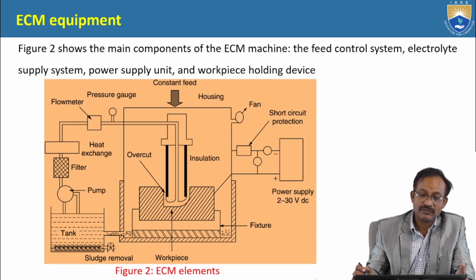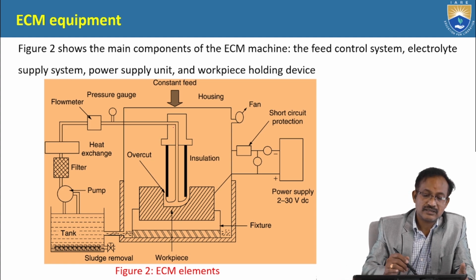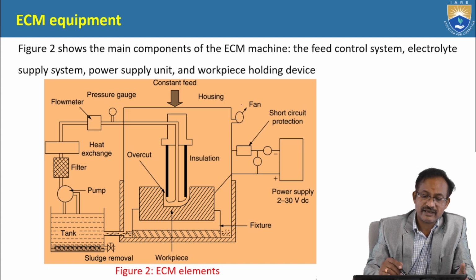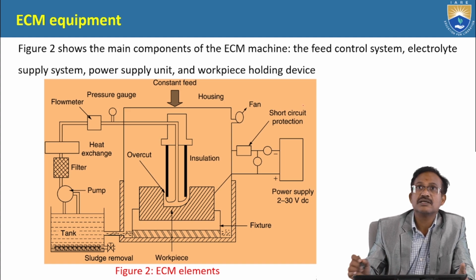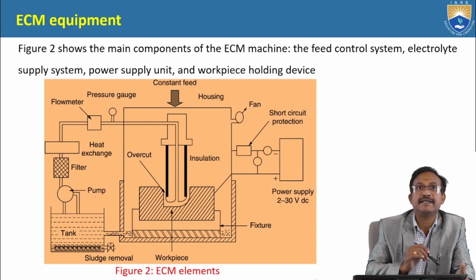Now we are applying constant feed. This entire setup is in the housing. We are providing a fan. This is short circuit protection. This is the flow meter, pressure gauge, heat exchanger, filter, pump, and tank.